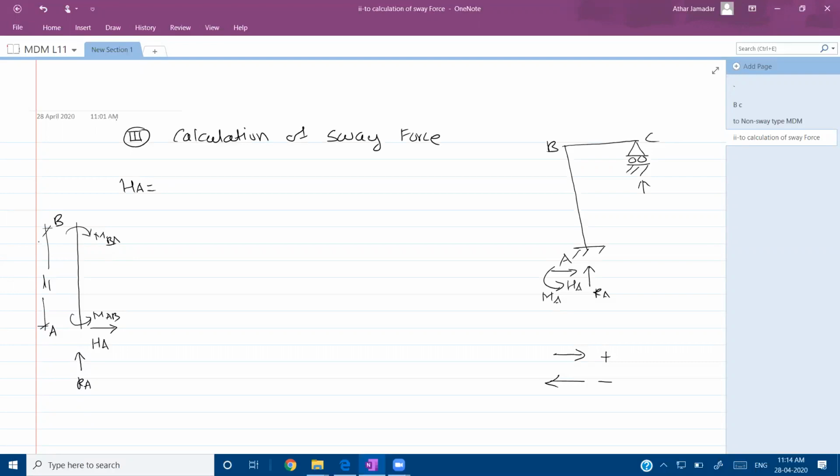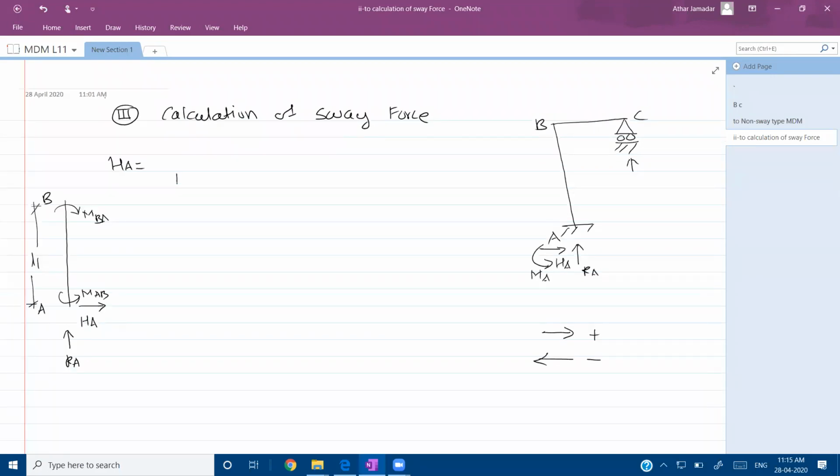So Ha into L1, plus MAB plus MBA, and Ra should not be taken because it is passing through point B. So directly, just remember the formula for horizontal reaction at any support: it is the summation of the moments acting on that column, that is, in this column AB there are two moments acting, first MAB plus MBA, plus the moment of horizontal load, which right now in this case is 0, divided by the height of that column, L1.